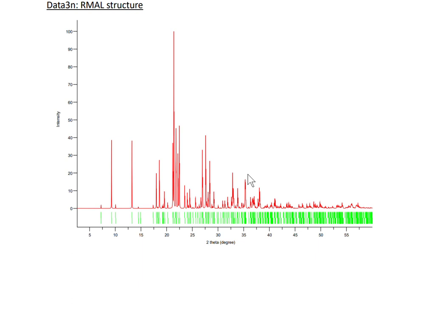So this is a very nice way to get the simulated PXRD pattern, and it minimizes many errors.